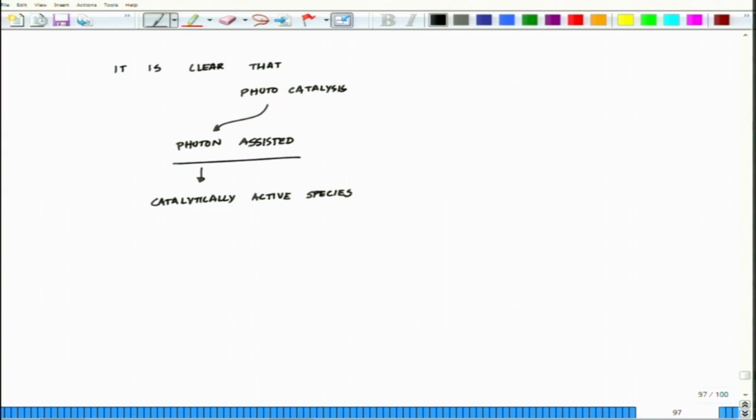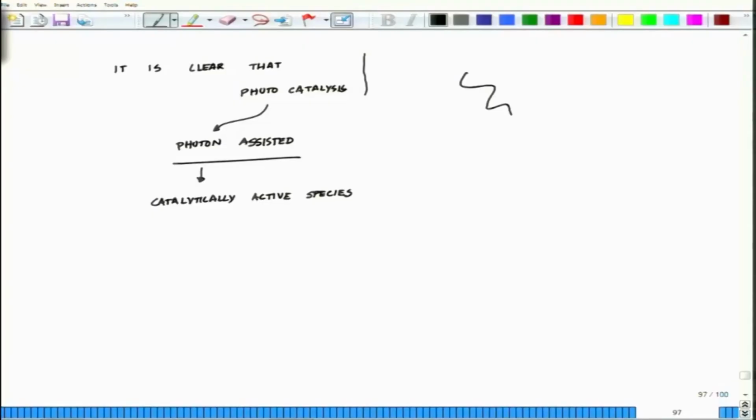So, rather than the action of light as catalyst in a reaction, essentially what is to be highlighted is that light is only providing sufficient energy. One should realize light is just that mild energy which is needed. So, you have this light coming on a semiconductor material, and the semiconductor material is ejecting out an electron.